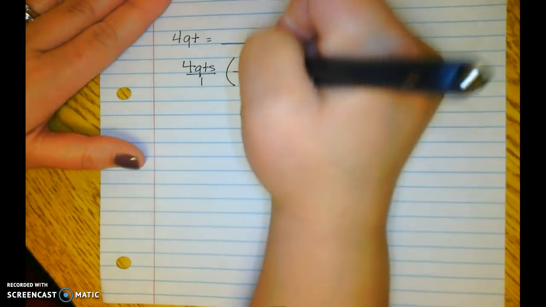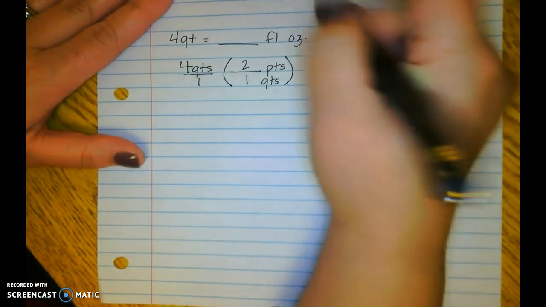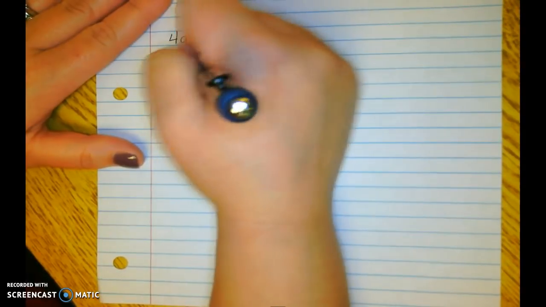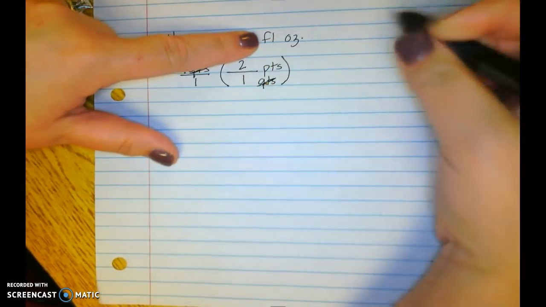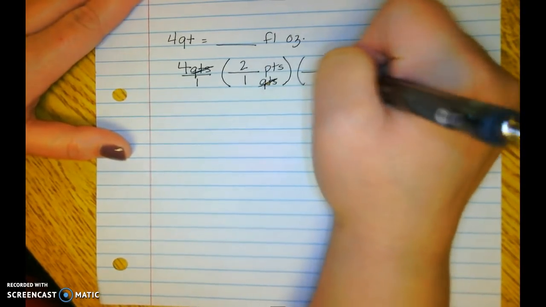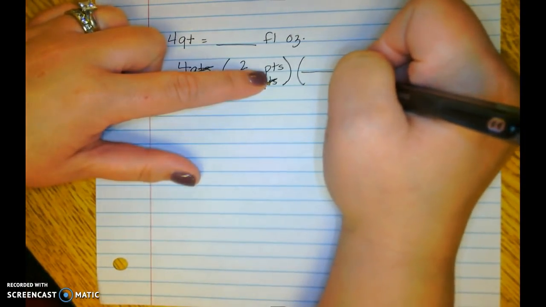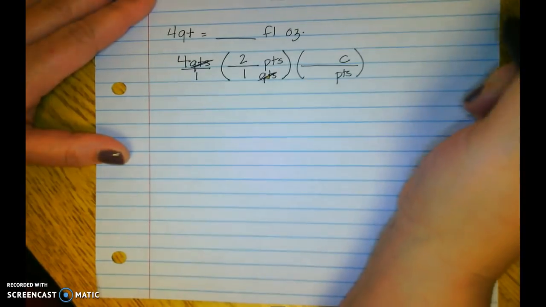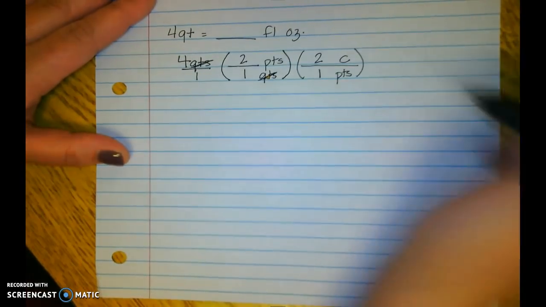And my formula chart tells me that there are 2 pints in 1 quart. Then I'm going to cancel my quarts, and I'm left with pints, but I want to go all the way to fluid ounces, so I need to keep going. So this is going to go from pints, needs to be on the bottom so they can cancel, and pints goes to cups, and there are 2 cups in 1 pint.